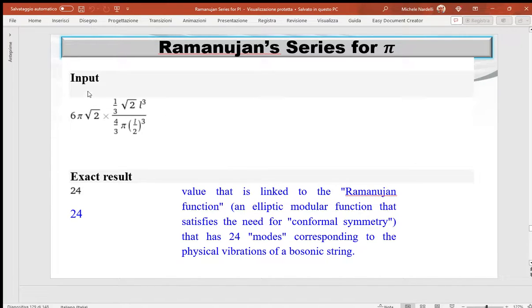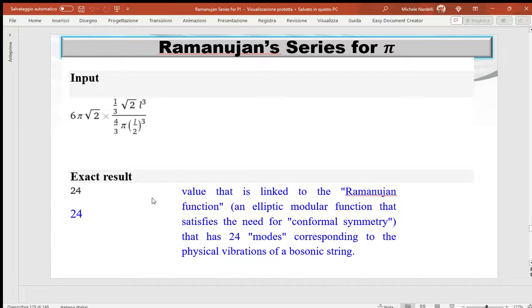Now we also have this further formula, practically multiplying the ratio between the two volumes of the octahedron and the sphere, multiplying by 6 times pi, multiplying by the square root of 2, we have the following result, practically the number 24.